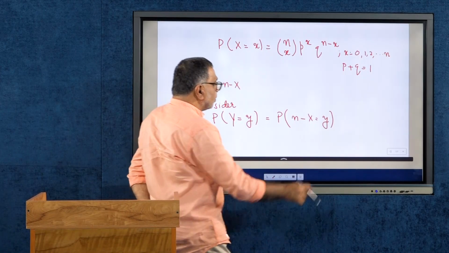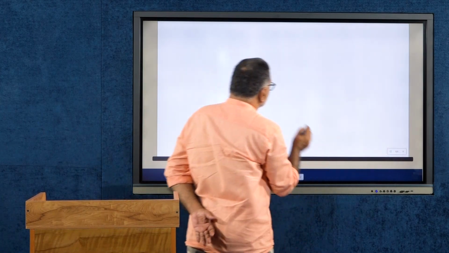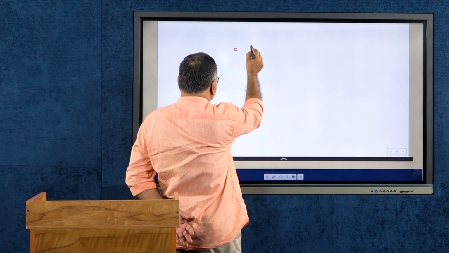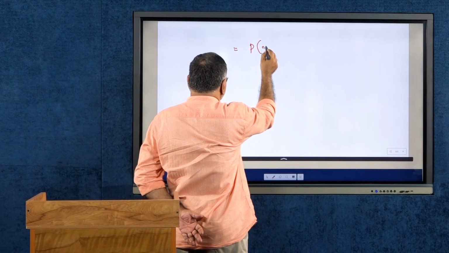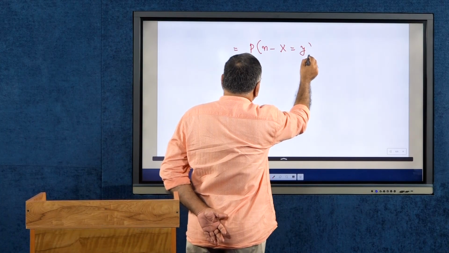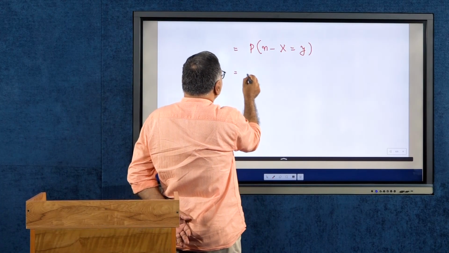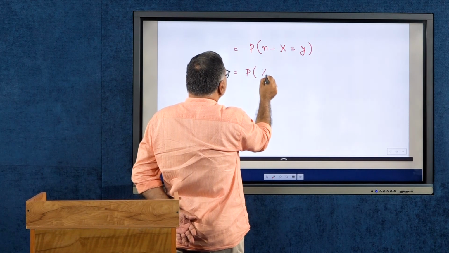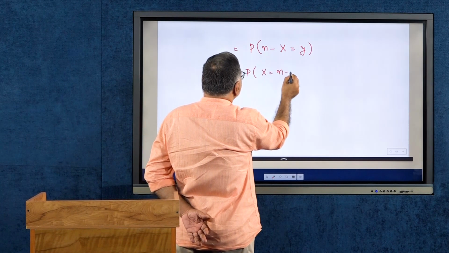And that is, probability of n minus x is equal to y means, we have the last step, n minus x is equal to y. Or that is probability of x is equal to n minus y.